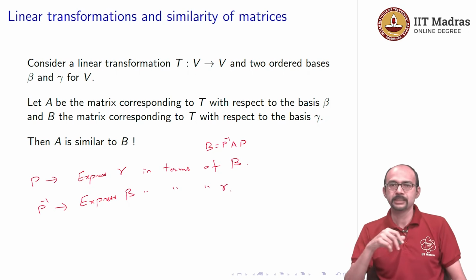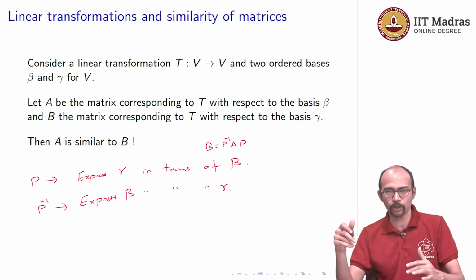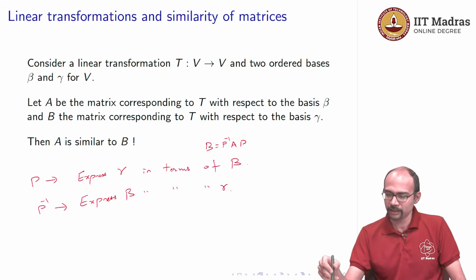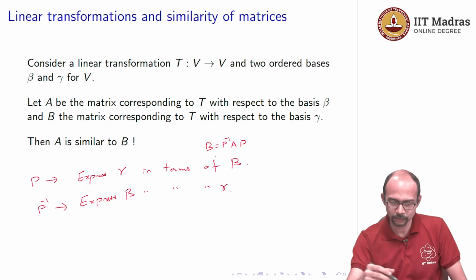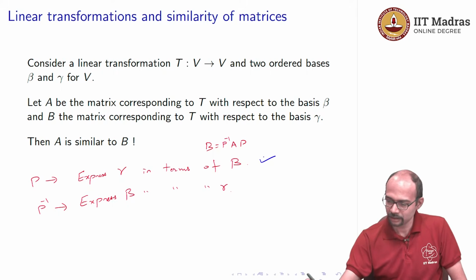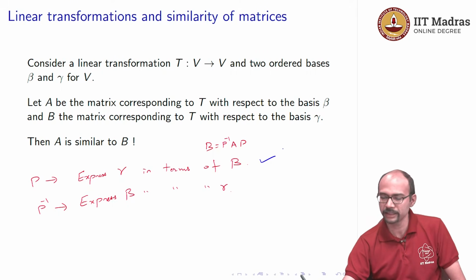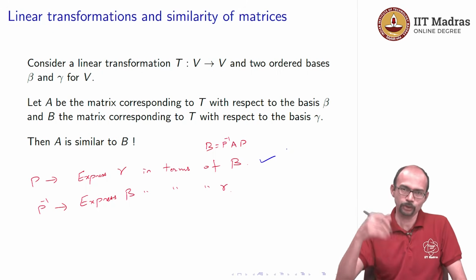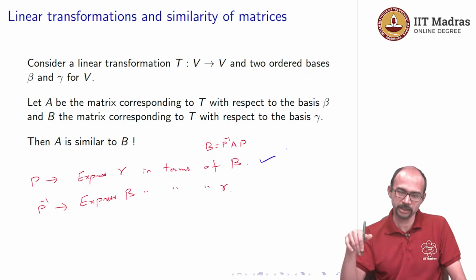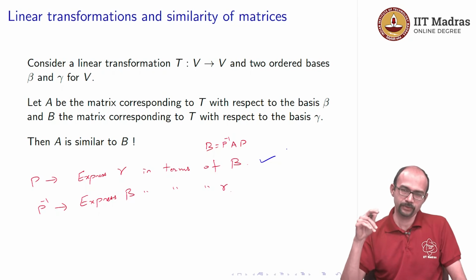What does this mean? This means you take each in an ordered way. You take the first vector of gamma, write it as a linear combination of the vectors from beta. Take the second vector of gamma, write it as a linear combination of beta, and so on. So, if you have n many, you write all those n many equations, and then you get a matrix.